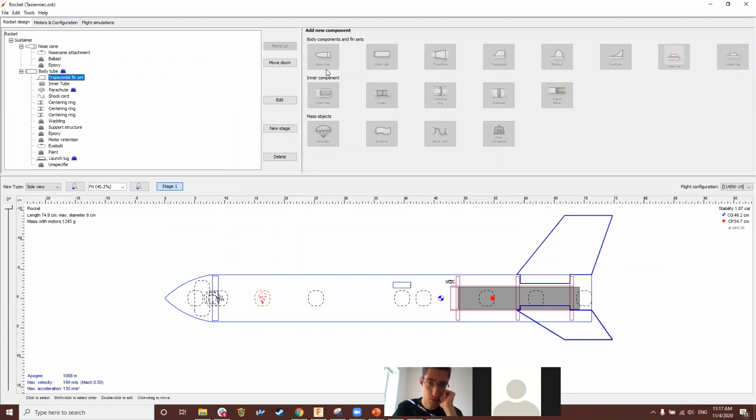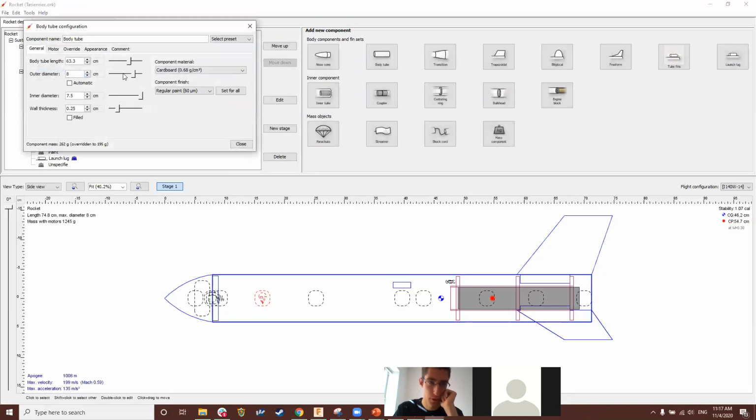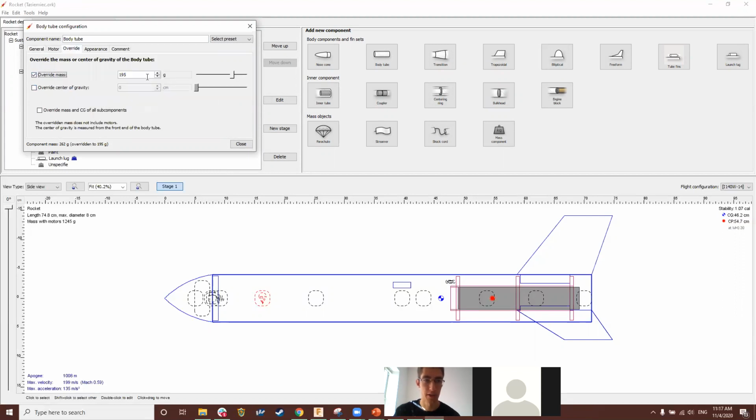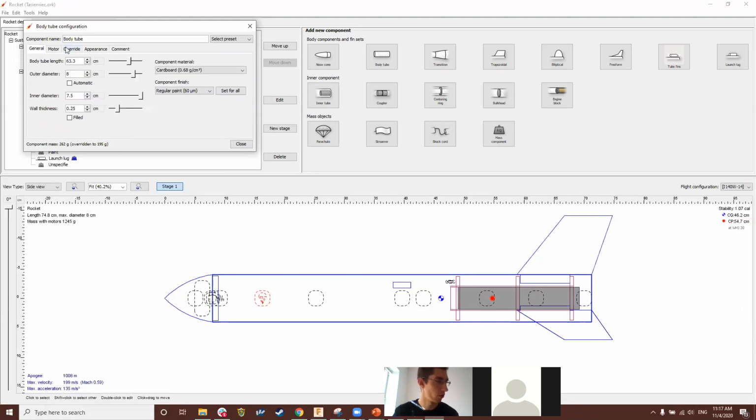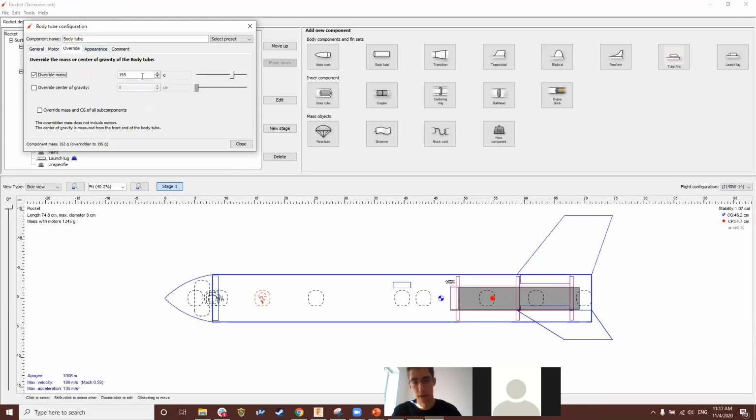So as you add those components, you can alter its properties, basic dimensions like length, diameter, and so on. You can override the mass. Let's say if you've got a component, you can predict its mass, but then you put it on the scale, and it shows you that the mass is different. You can override it.